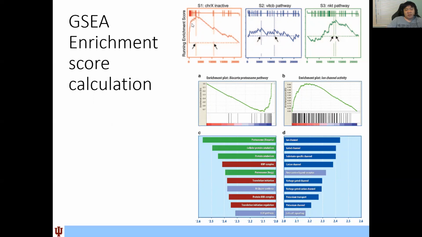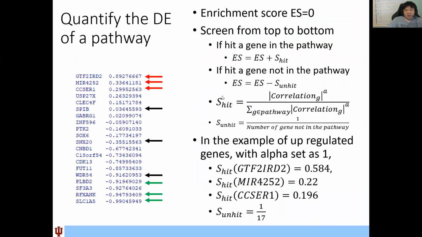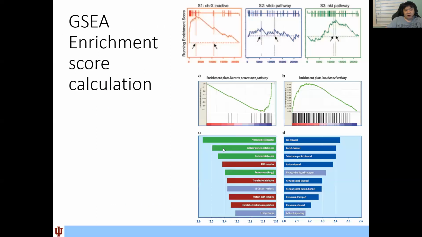The growth means a hit of the genes in the pathway. By the definition here, a higher correlation gives a higher S hit score. So in the beginning, if they meet more upregulated genes, they will grow more or faster.